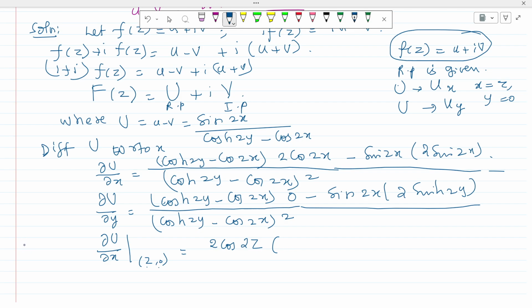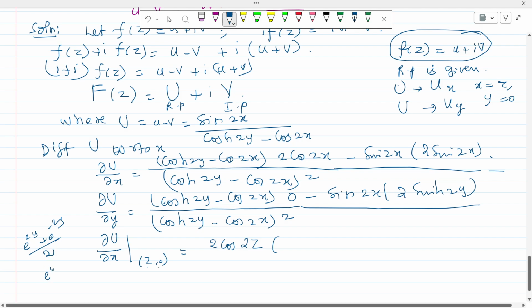Cosh 2y means e power 2y plus e power minus 2y divided by 2. So you will get e power 0 plus e power 0 by 2.